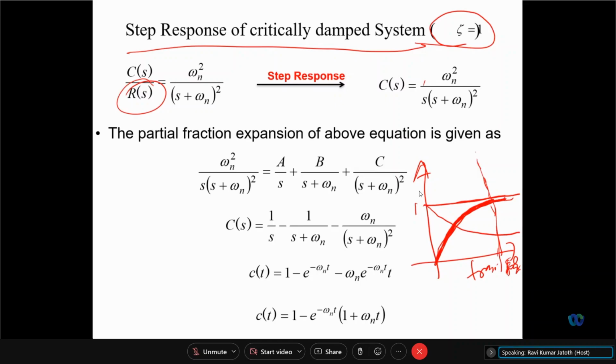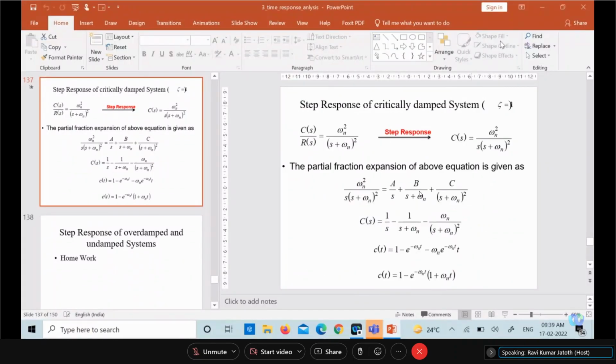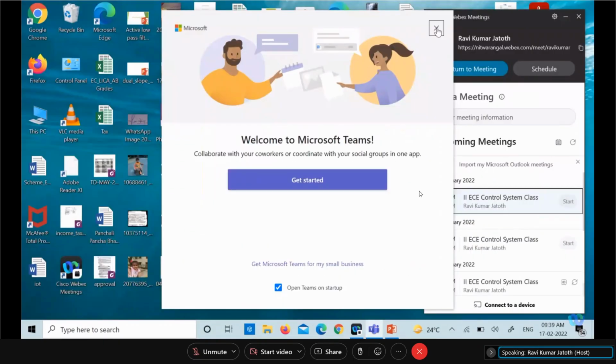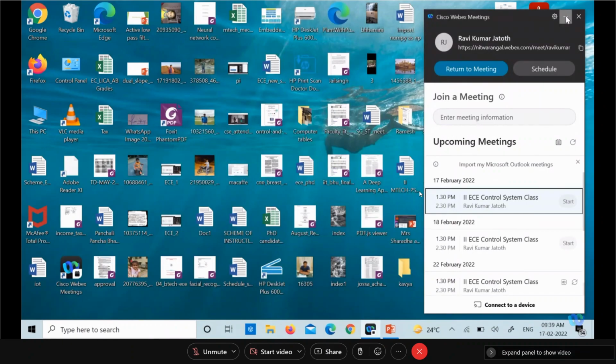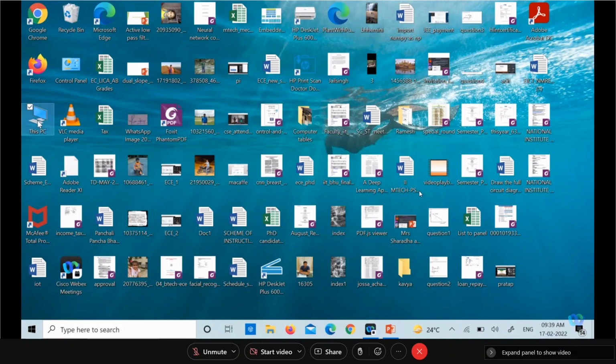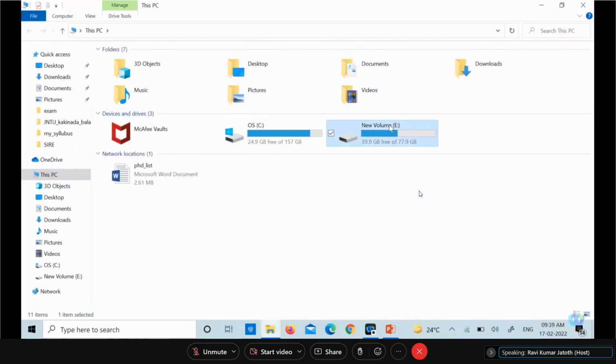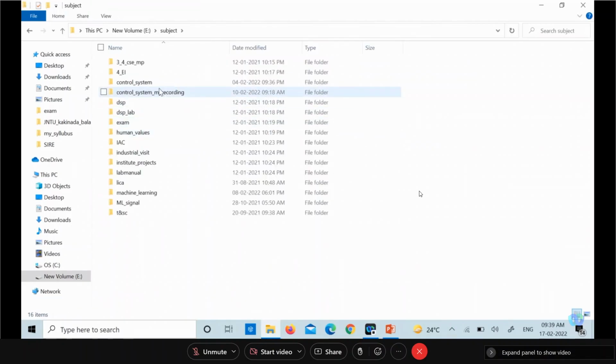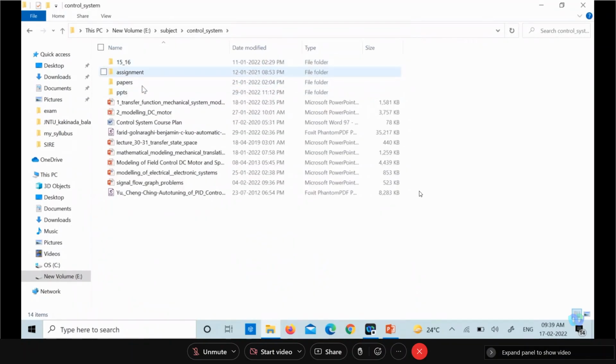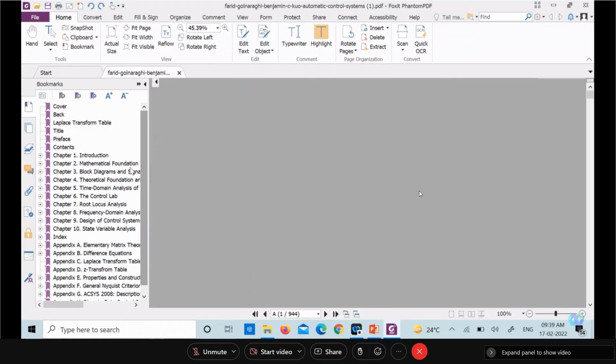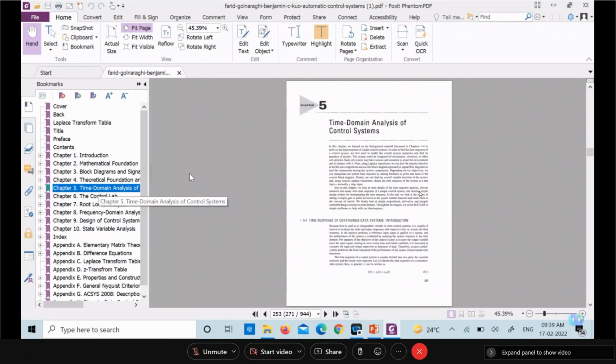So now, keeping this in the background, let us try to do a few problems from our Kuo book. We have 20 minutes of time. So chapter 5 is time response analysis.